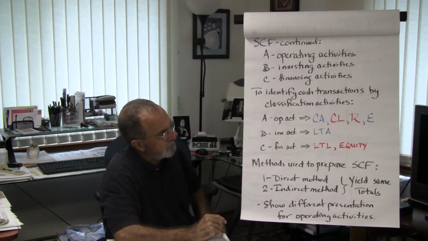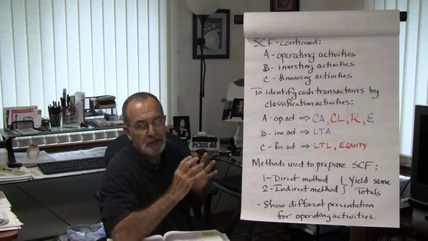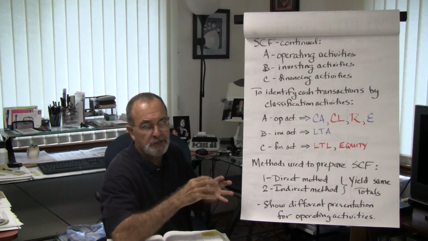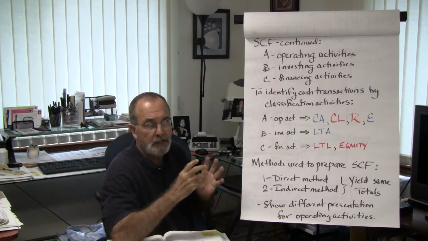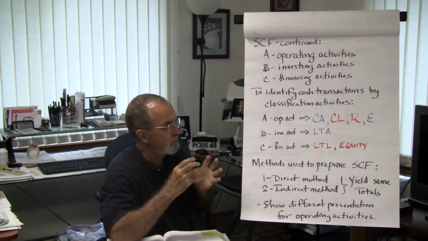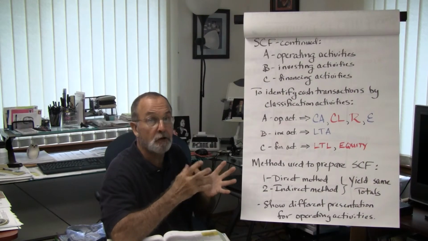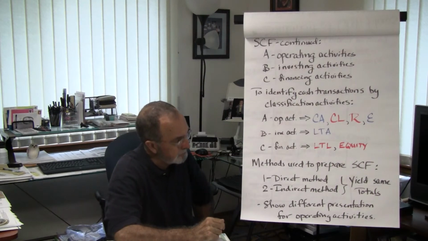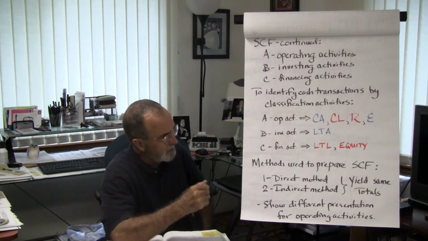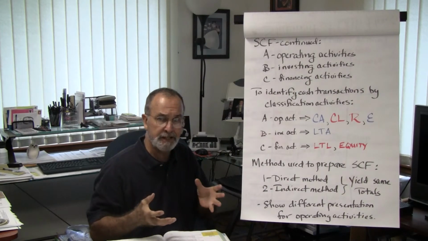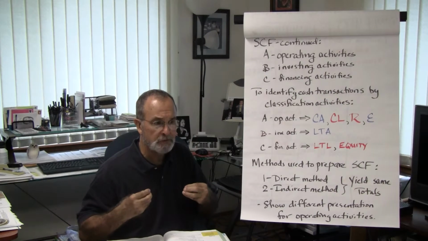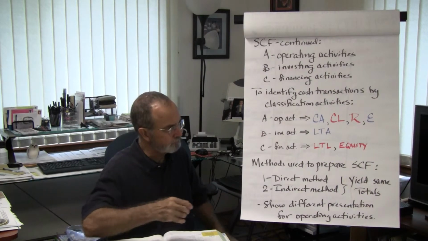For investing activities, we focus primarily on long-term asset accounts. What has the business invested in? Generally, those transactions are reflected in our long-term asset accounts. And finally, for financing activities, how has the business financed its operation in terms of resources or funding?